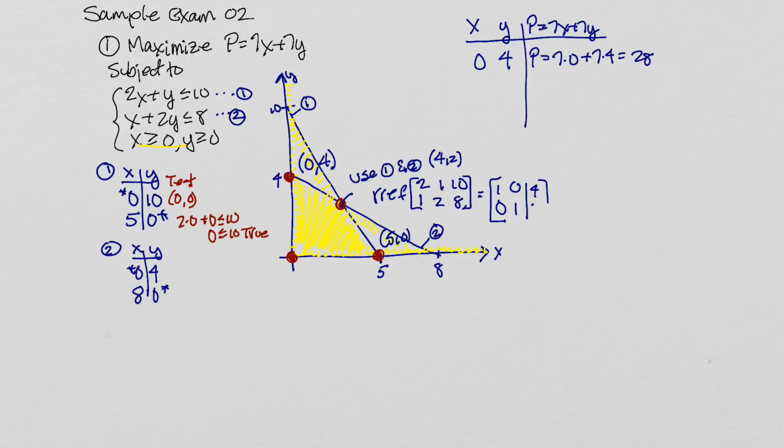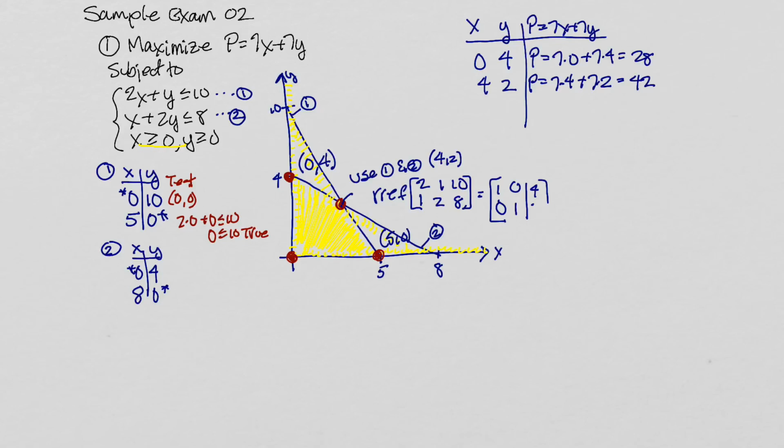That's going to give us 28. And then let's move down here to this point, right? 4, 2. So when x is 4, y is 2, we'll get p equals 7 times 4 plus 7 times 2. This is going to be 28 and 14, so that should give us a 42.